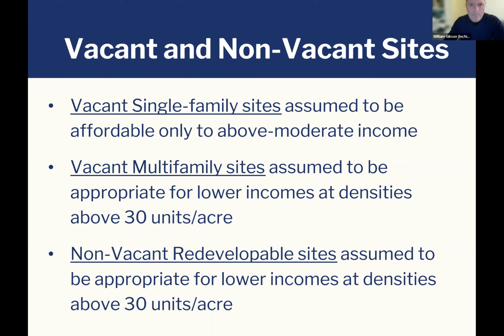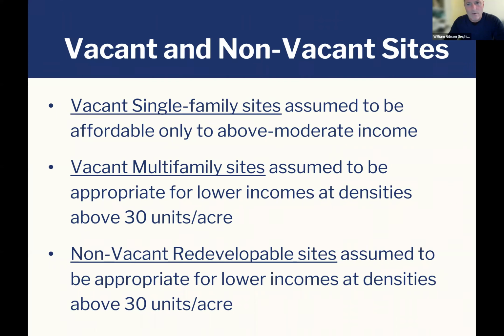We then look at vacant multifamily sites, and for vacant multifamily sites, there are a couple of ways to project the affordability. If they are designated as affordable housing sites, then we base it on what that designation requires. In other cases, if multifamily sites are zoned at 30 units per acre or more, the state says that those are appropriate for very low and low income categories.